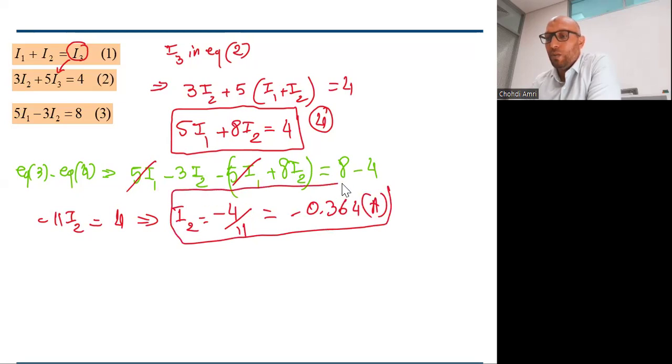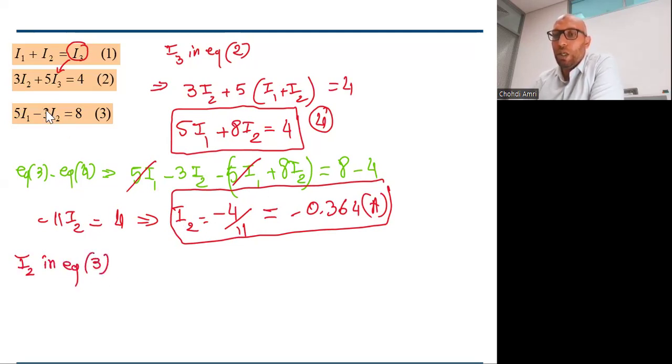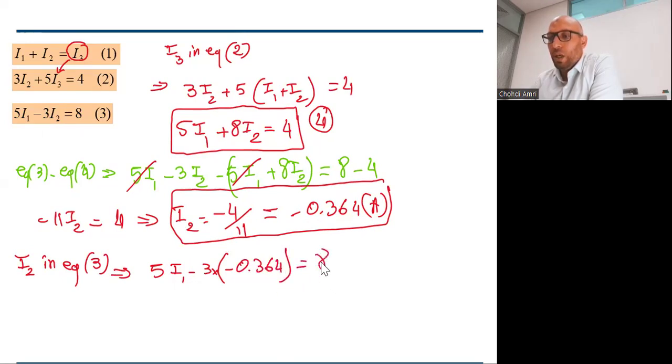This is for I2. You see that I2 is negative, so the real direction will be opposite to the assigned direction. So we put I2 in one of these two equations, for example, in equation 3, to calculate I1. It gives 5I1 minus 3 multiplied by minus 0.364 to be equal 8.